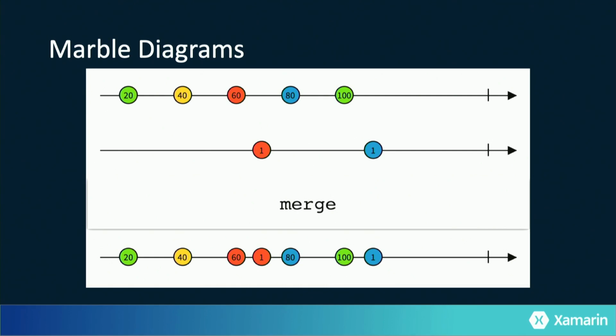So the idea here is that the top two things are data streams, and then the bottom one is what your subscriber sees. Yeah, so merge would be two subscribers. So like if you were subscribing to, say, a text change event on a username box and a password box, for example, anytime either of those change, this is sort of what your output would look like.